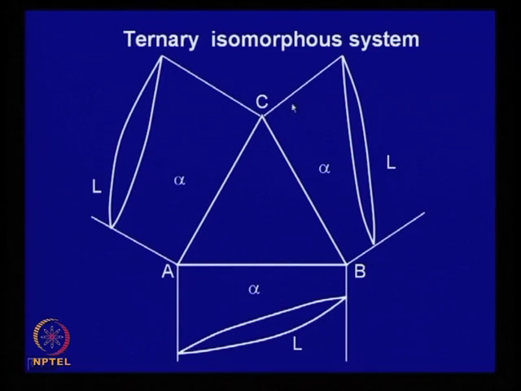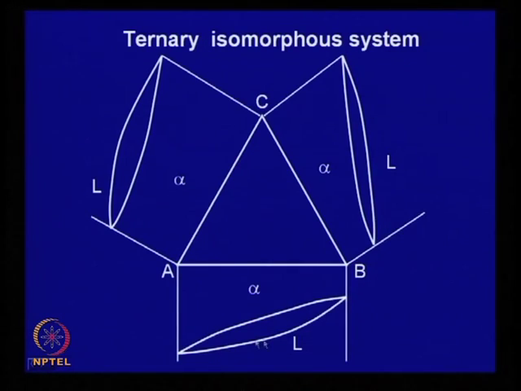We have opened up the diagram, trying to represent this in 2D. This point is pure A. On this side, if we draw a perpendicular and draw the binary phase diagram between A and C, this portion is liquid and this is the solid solution alpha.